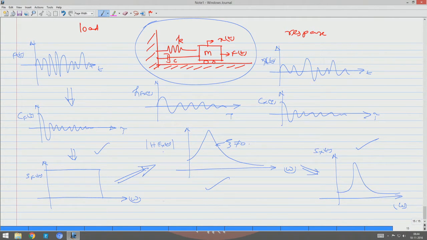Therefore, I can say the transfer function transfers or relates load and response.